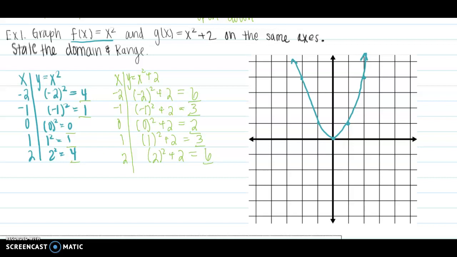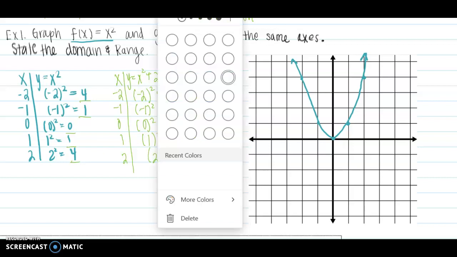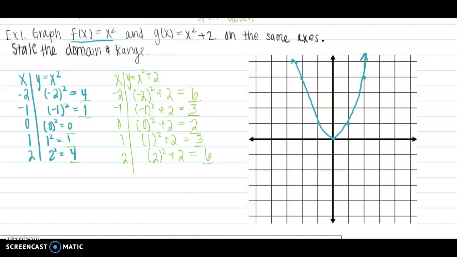Alright, so let's go ahead and graph the green one. So we have -2, 6, so that's above where we're at, so we're just not going to graph that one. -1, 3. 0, 2. And 1, 3.